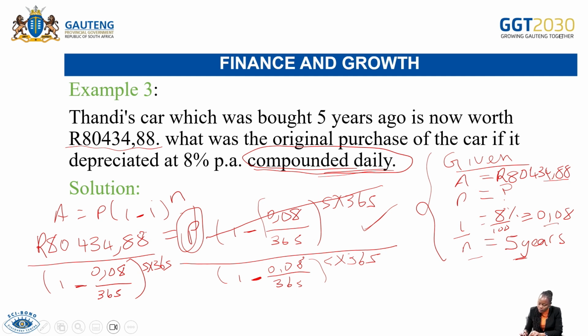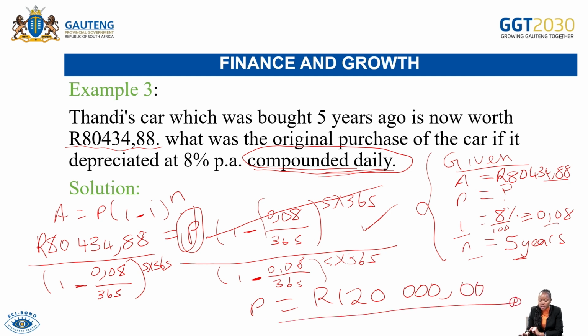So it is going to be the 80,434.88. So that is going to be, your P will be 120,000.00.